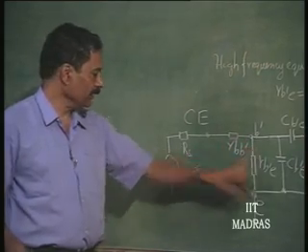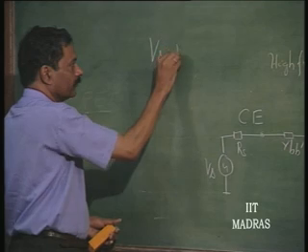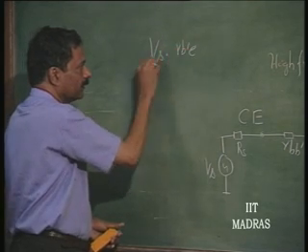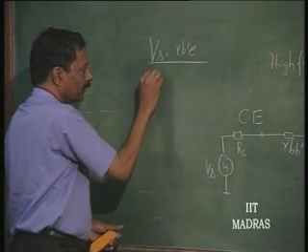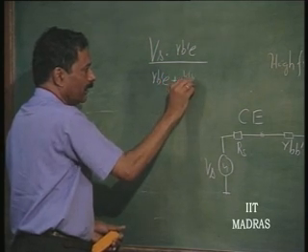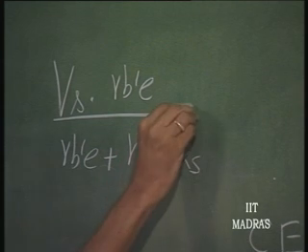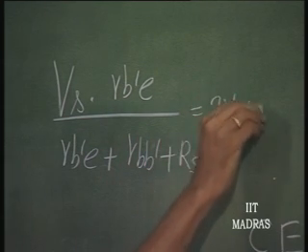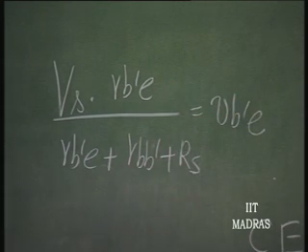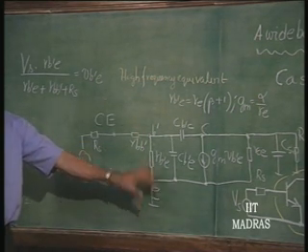So, when the voltage comes here, Vs into RB'E divided by RB'E plus RBB' plus RS is nothing but VB'E. The VB'E voltage here, okay, at low frequencies.